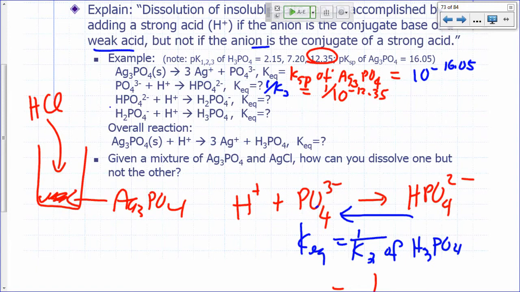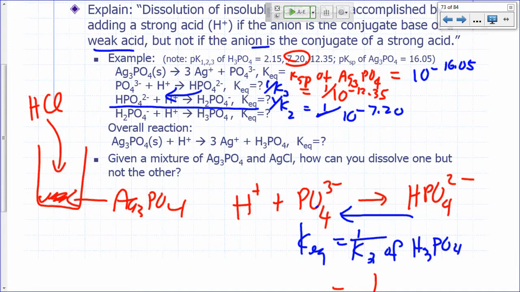And then if you look at this second reaction, what is that? That's just the opposite of K2, the second ionization step. So the KEQ for this is 1 over K2, which is 1 over 10 to the negative 7.20. You'll find the second step for the ionization of phosphoric acid has a pKa of 7.2.